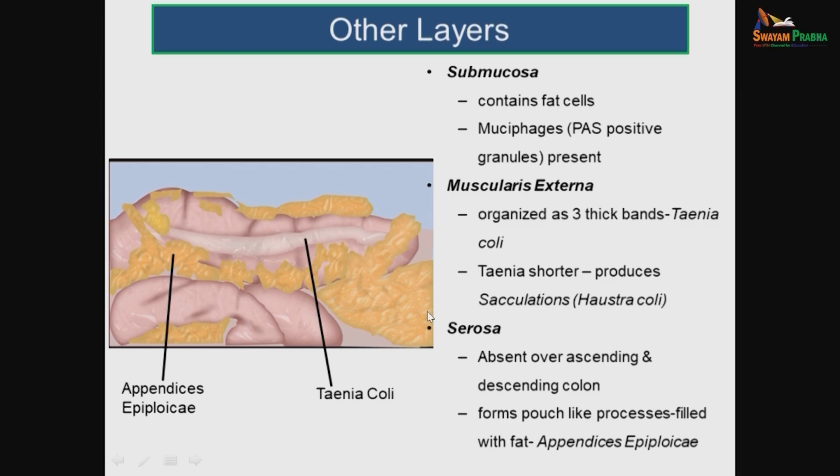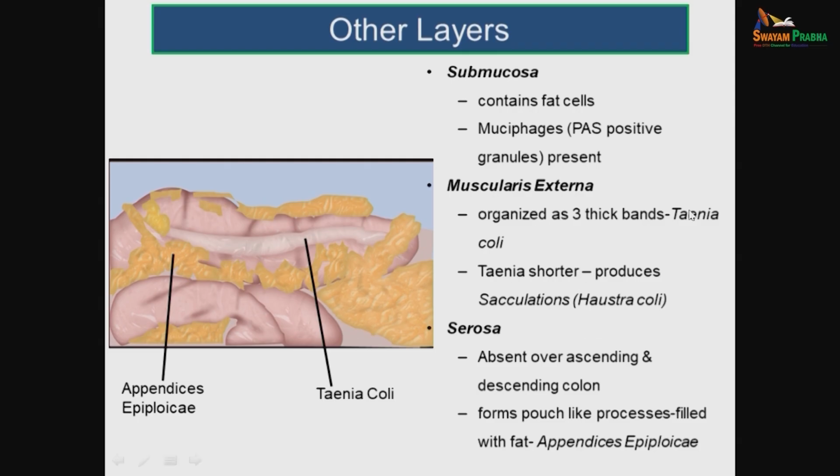So, as the feces traverses the pathway, the mucosa may be mildly damaged and that may release the mucin, and that mucin is phagocytized by these cells. So they are mucophages which are present normally in the large intestine. Though they represent a mild mucosal damage, they do not have any clinical significance.